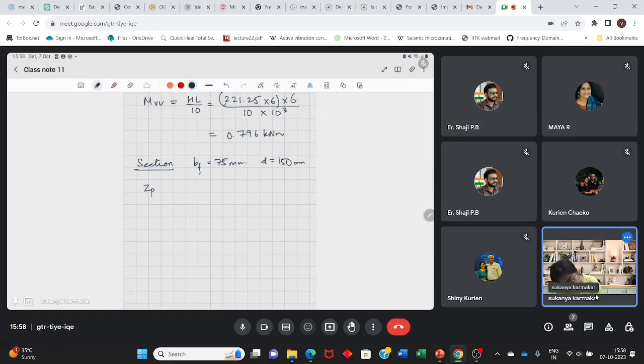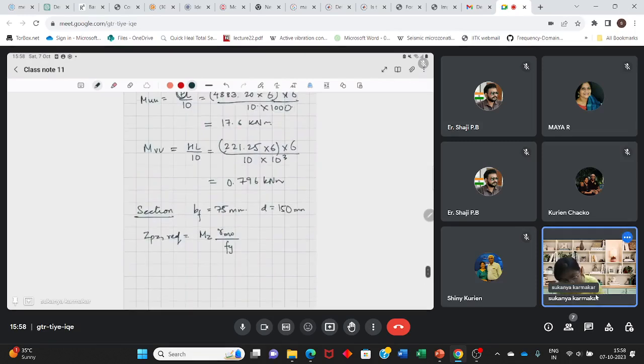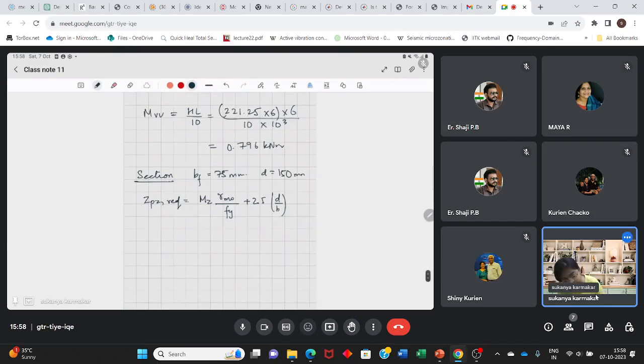So ZPZ required. Here I'm using that formula, MZ gamma M0 by Fy plus 2.5 D by B, then My gamma M0 by Fy.